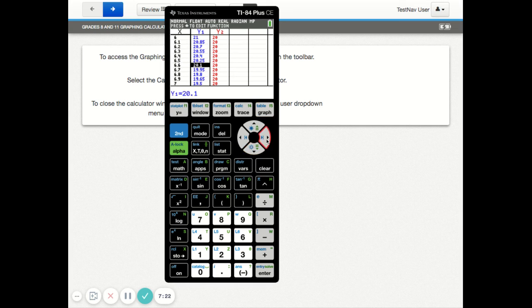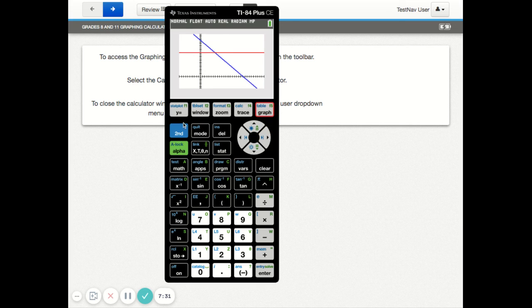But again, that's not 20. So using the table to try to find an x value is not always very easy. That's why I suggest doing the graph. Again, that second trace, number 5 is the intersect, and all you have to do is hit enter, enter, enter. Boom, there's your answer.